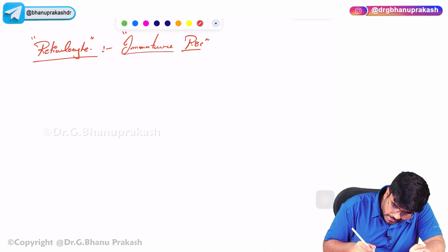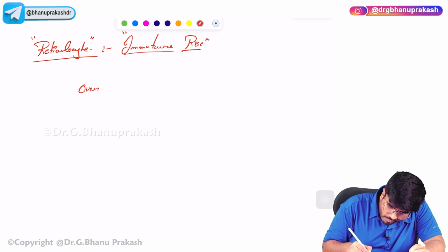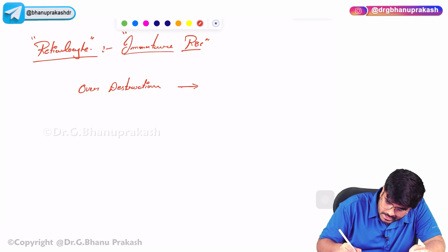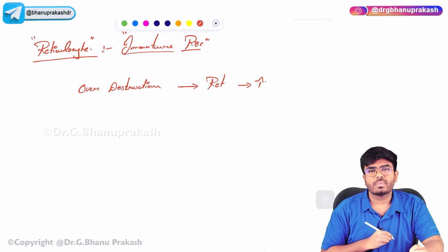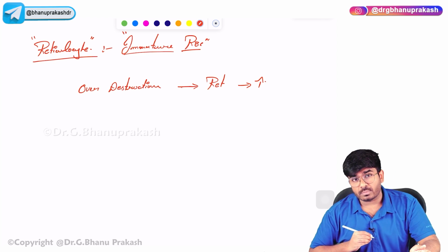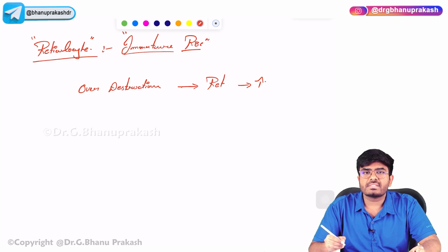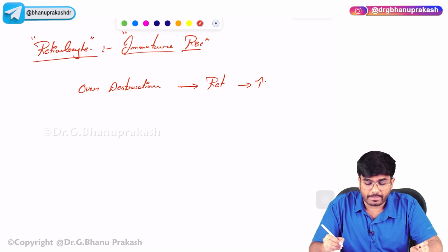Keep this logic in mind. In overdestruction or peripheral destruction conditions, the reticulocyte count increases. So if the reticulocyte count is more, you can say overdestruction is happening.